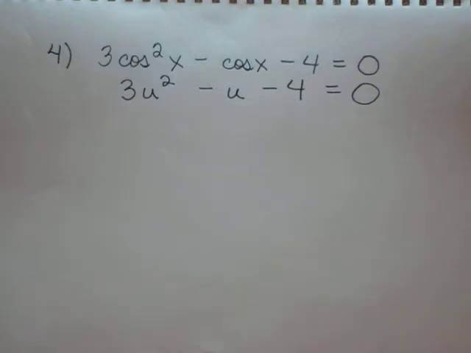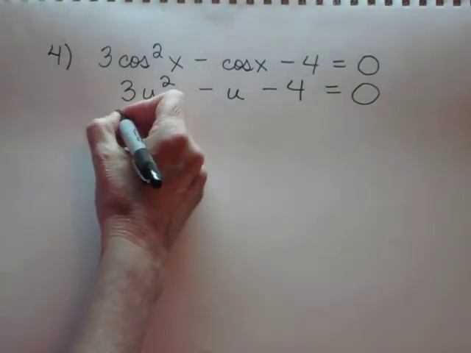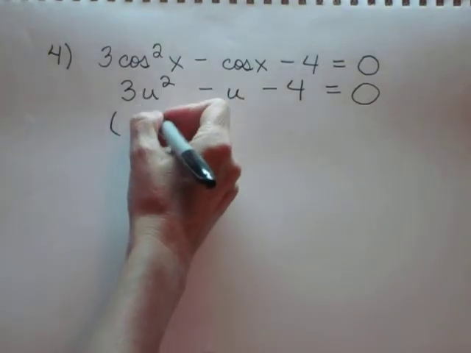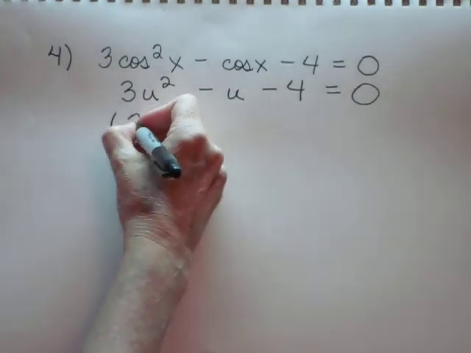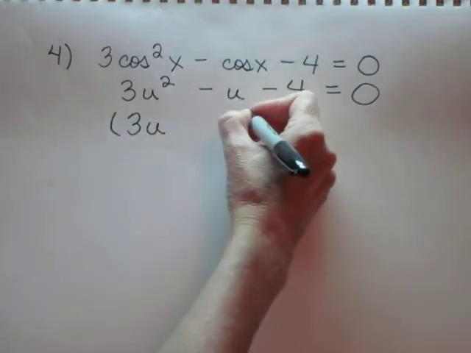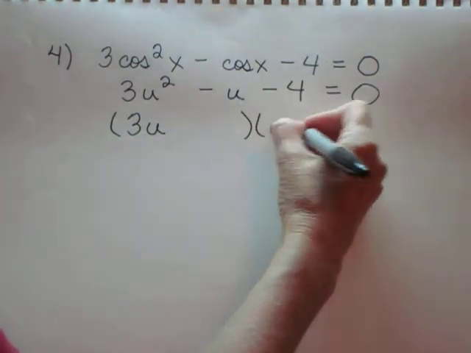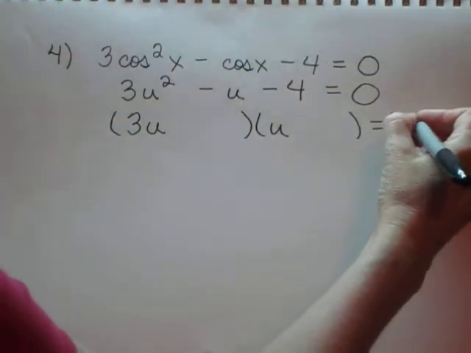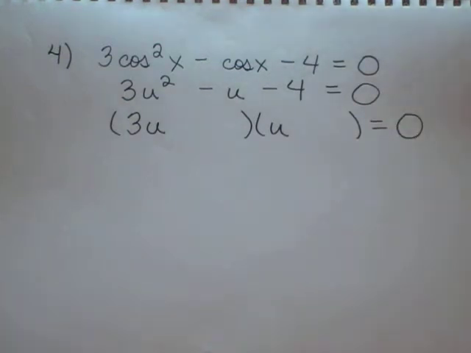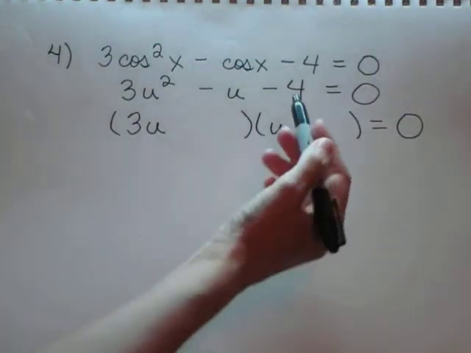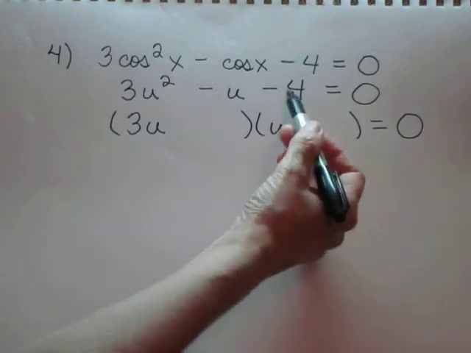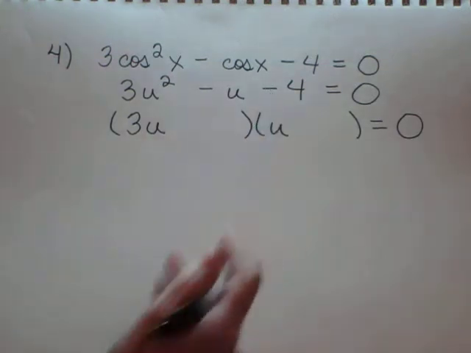And now we're going to see if we can get this factored. To get 3u squared, I have a 3u times a u at the beginning. And the factors of 4 are either 1 and 4 or a 2 and a 2. The signs do have to be different.